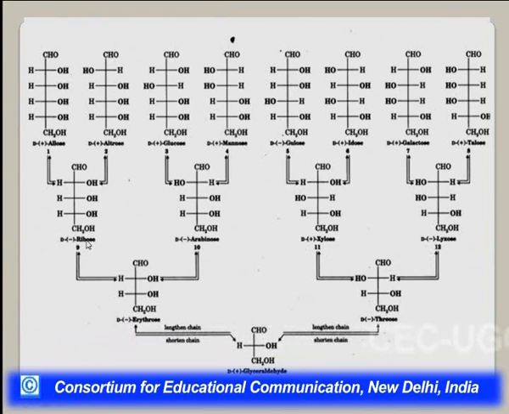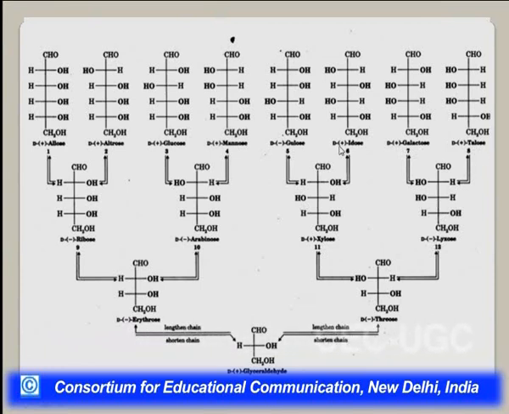From this D-ribose we will get D-allose and, seeing the difference at this stereocenter, D-altrose. From D-arabinose, here you can see D-glucose and D-mannose. From D-xylose you have D-gulose and D-idose. From D-lyxose you have D-galactose and D-talose.